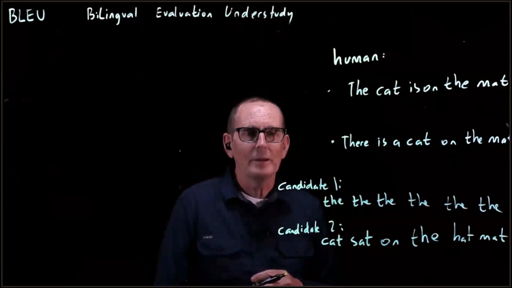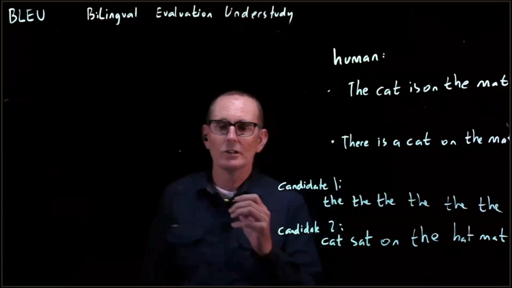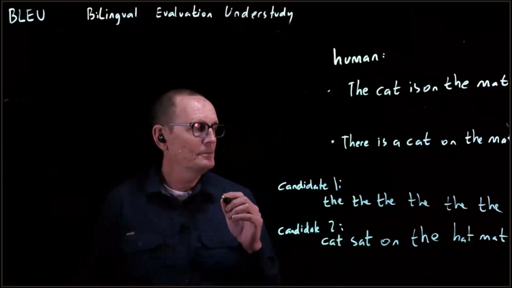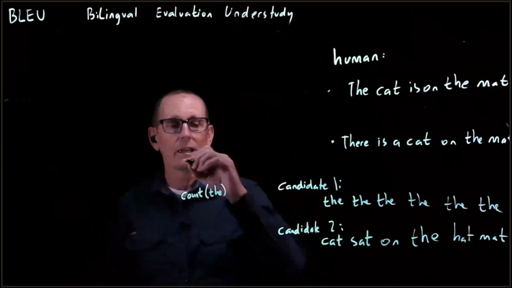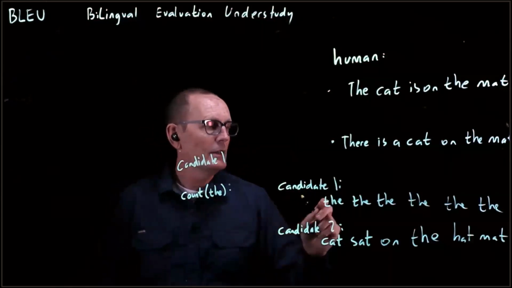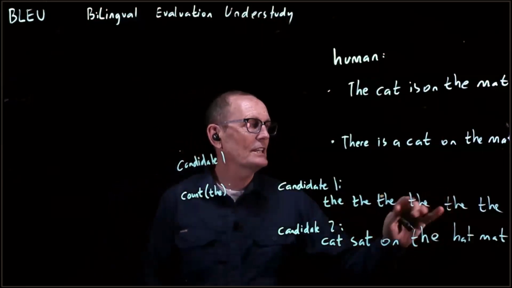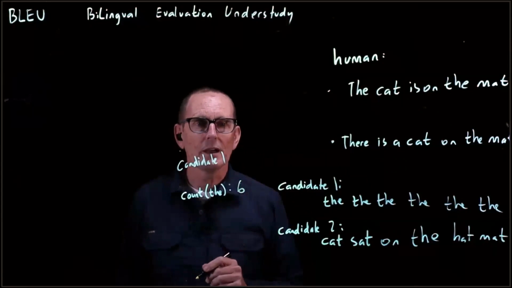But if we just calculate a count for each word in candidate 1. If we got the count of the, we have 3, 4, 5, 6 thes, and we have thes everywhere. So we're going to come up with a count of 6.